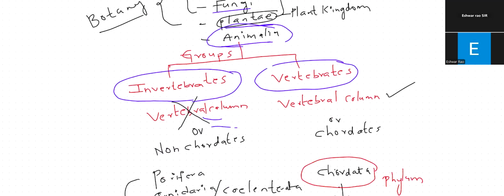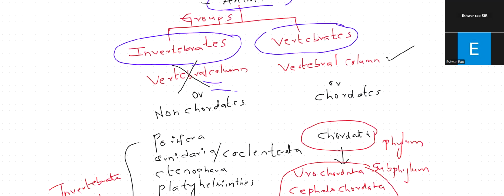When notochord is present, it is called chordates, right?